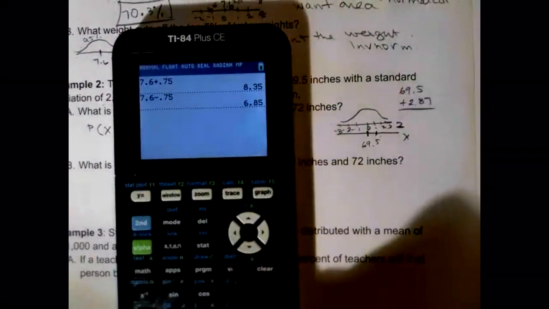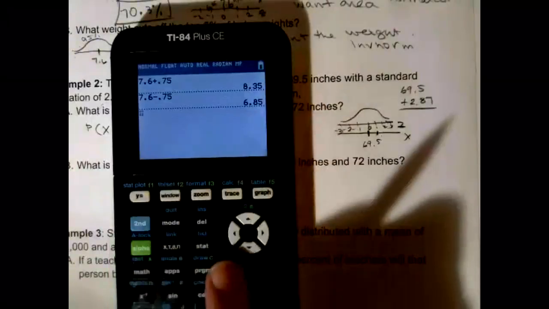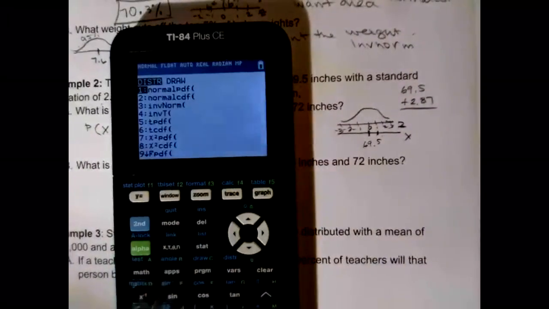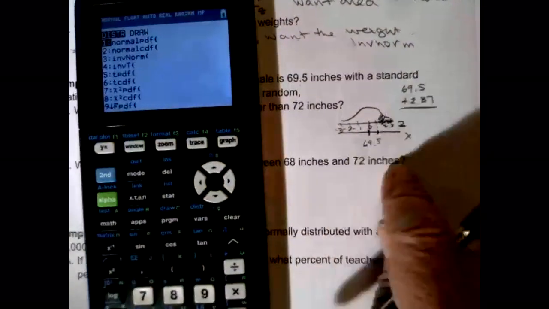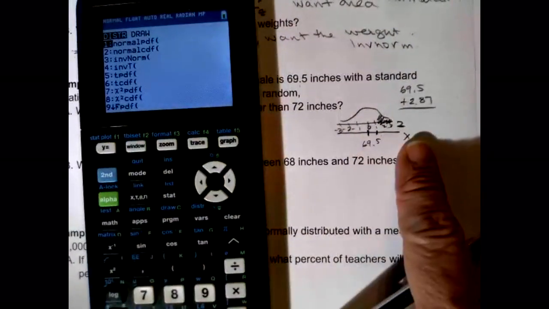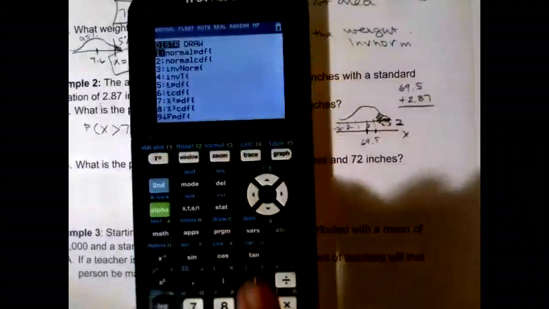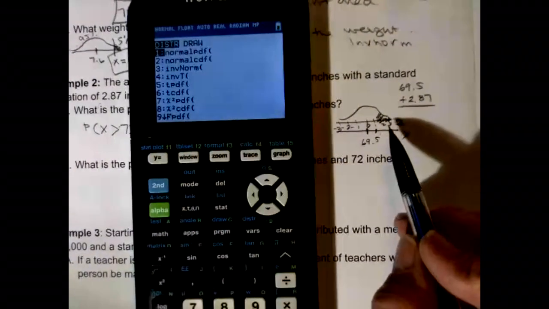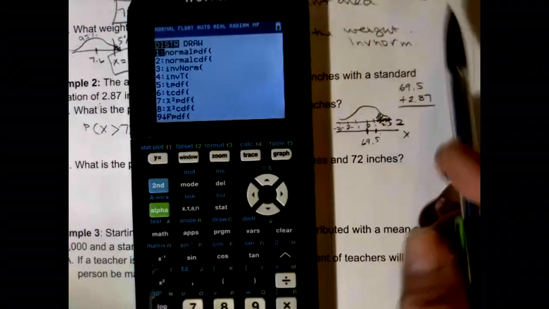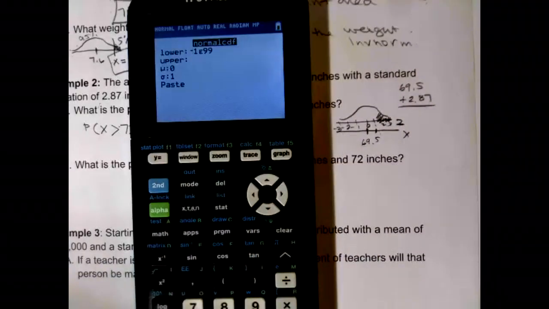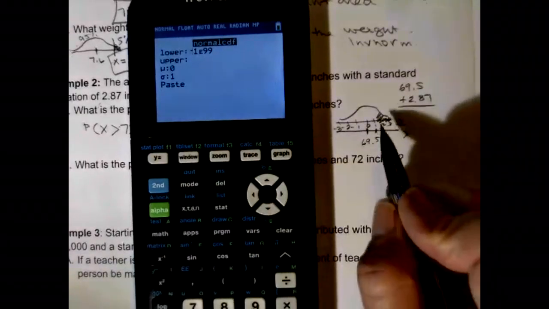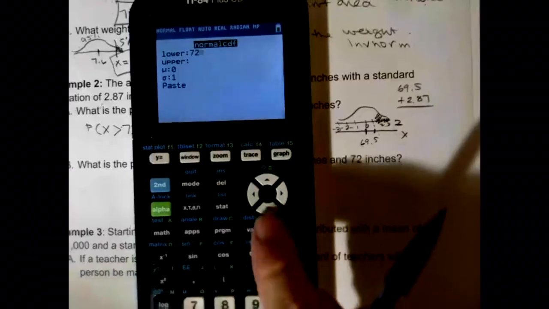So it's still here under the distribution menu. So second, distribution. Oh, I didn't shade. 72, somewhere over here. Right, so I'm to the right. There's an area over here I'm trying to find. So I want the area, so that's normal CDF, option 2, and enter. Now my lower limit, I'm starting at 72.